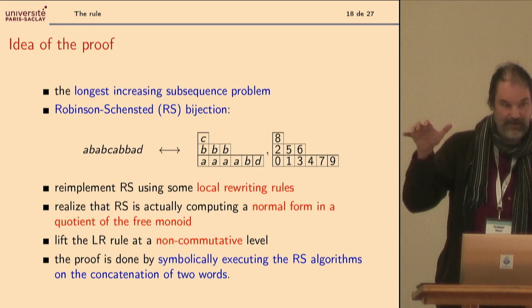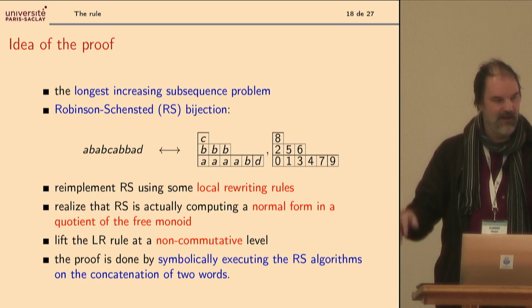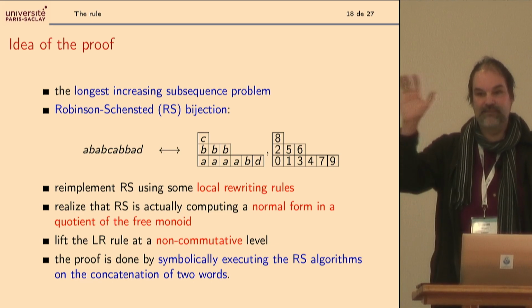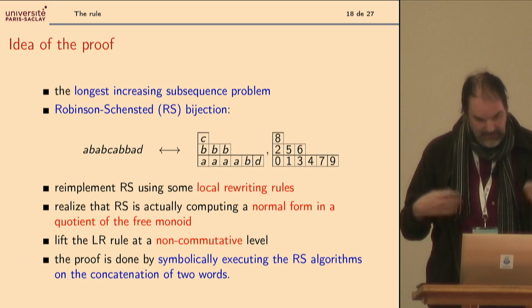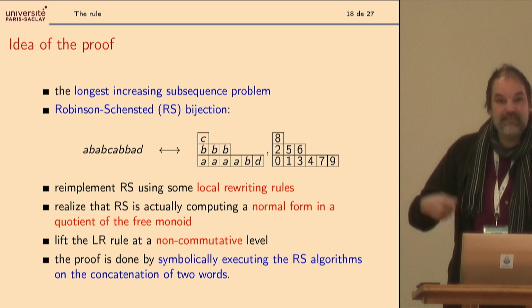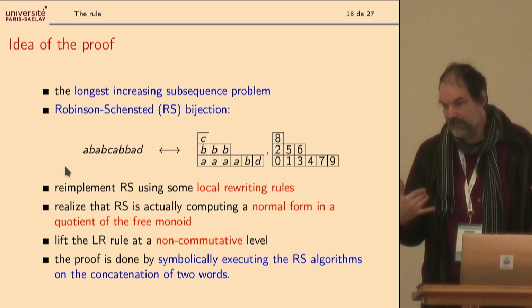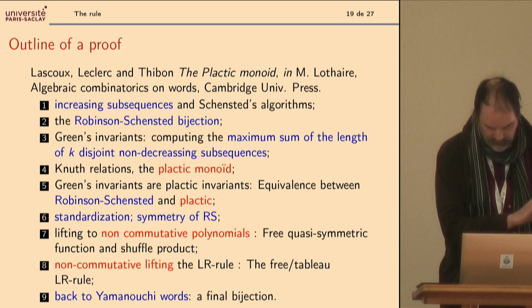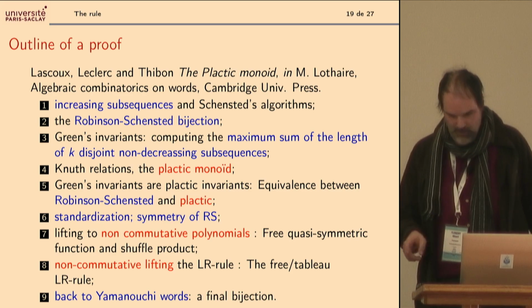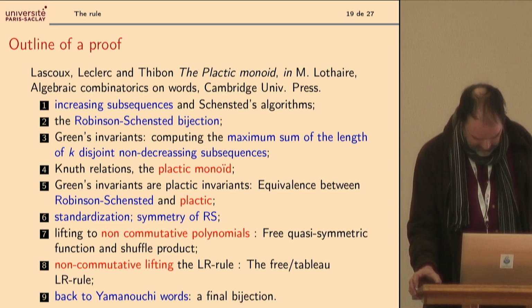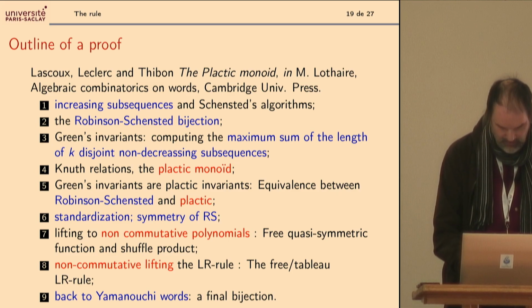So here is really where algorithm and algebra are linked together. We have an algorithm which computes a normal form for a monoid. And thanks to that, I execute symbolically this Robinson-Schensted algorithm on the concatenation of two words, and I get my proof. This is the detailed outline of the proof, but I won't read it because it's too technical.